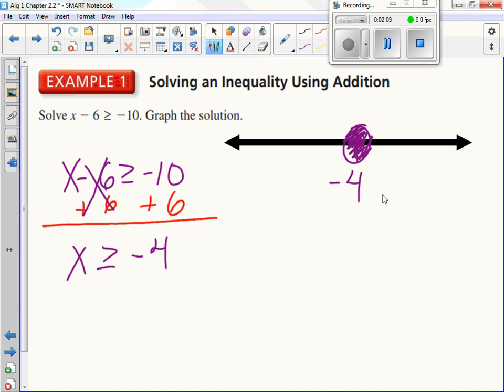X is smaller, isn't it? So where are the numbers smaller? To the left. So we shade to the left because we're shading the values of x that are less than or equal to negative 4. And that's all we have to do for this one here.